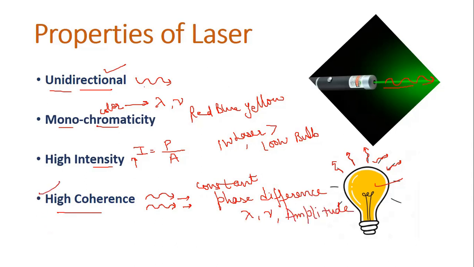That is known as coherence. And in the case of laser, coherence is high, which makes them a coherent source of light, and ultimately they are called lasers. So these are the four main properties. First is unidirectionality, second is monochromaticity, third is high intensity, and fourth is high coherence.